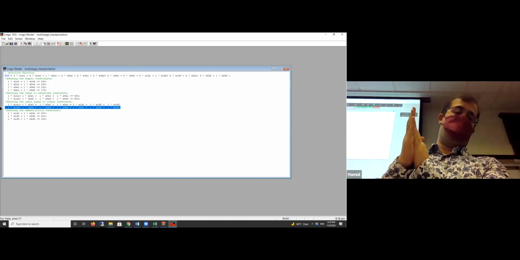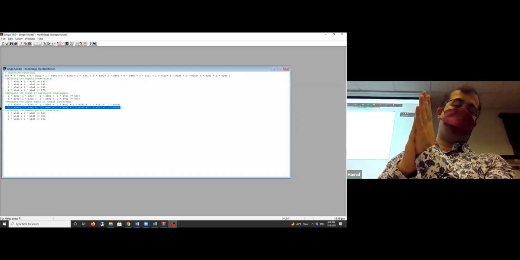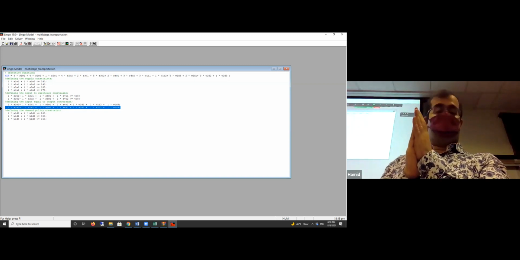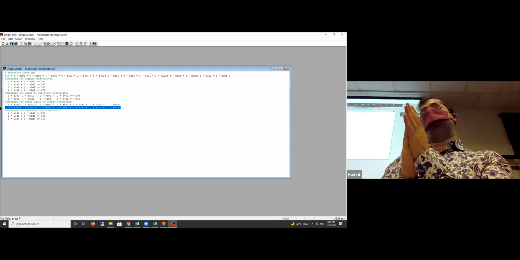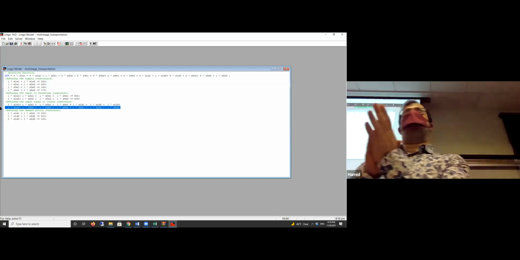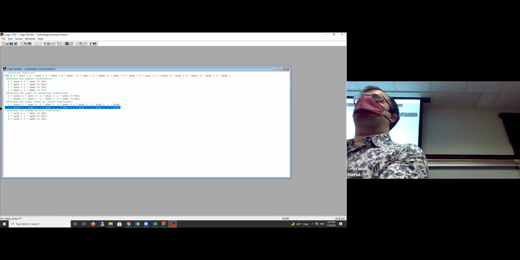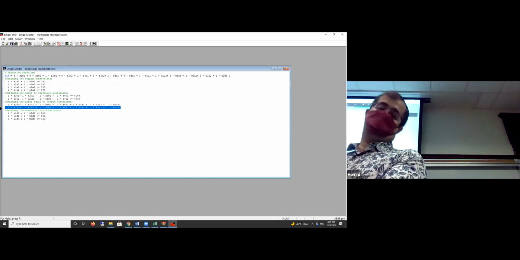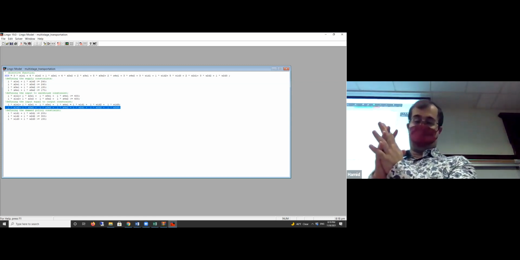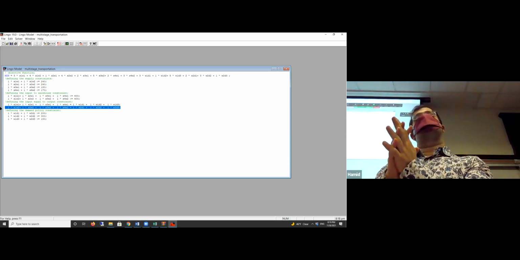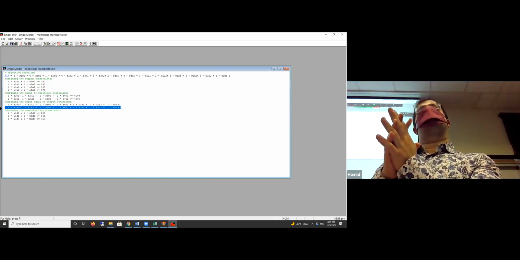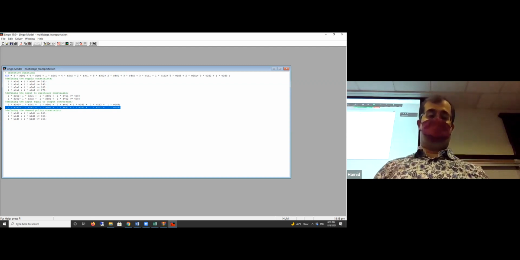Let me read the second one. W1D2 plus W2D2, the summation of them should be more than or equal to 300. What does it mean? Yes, very right.